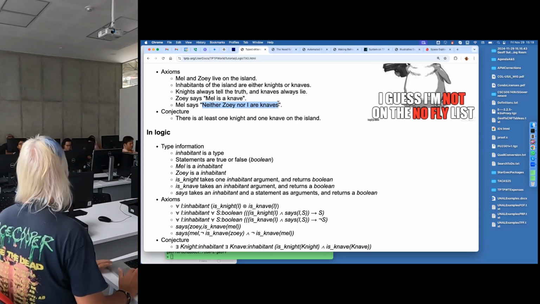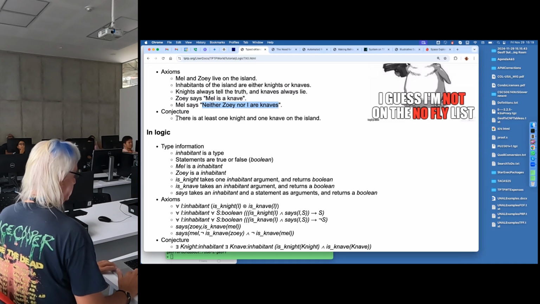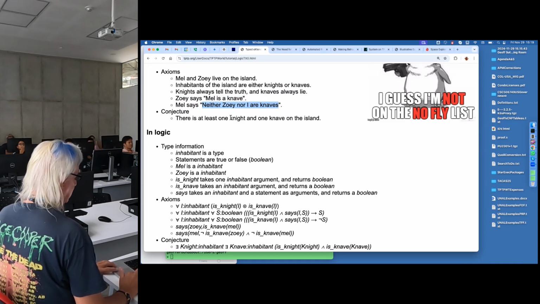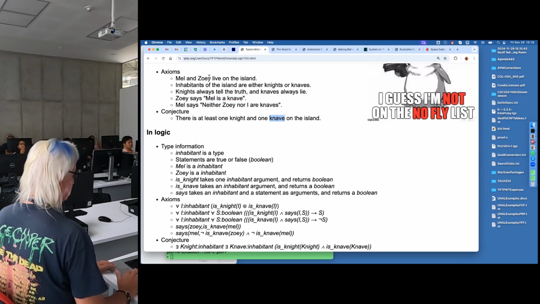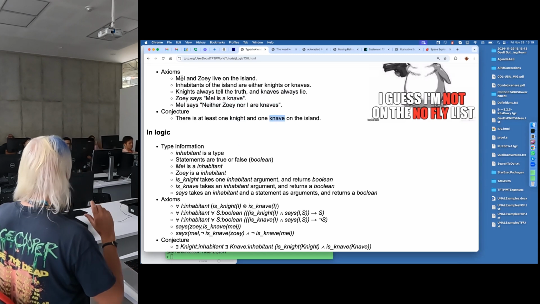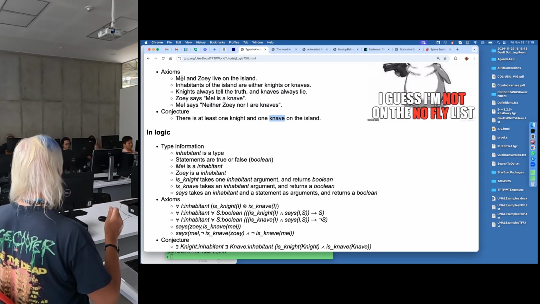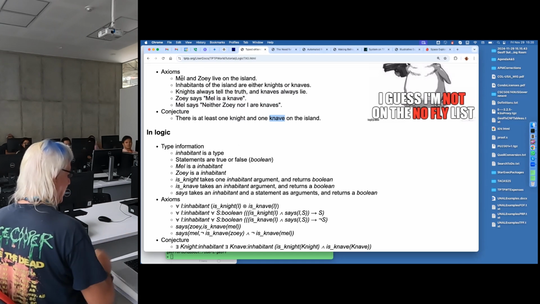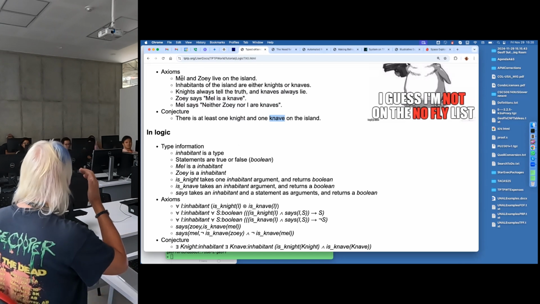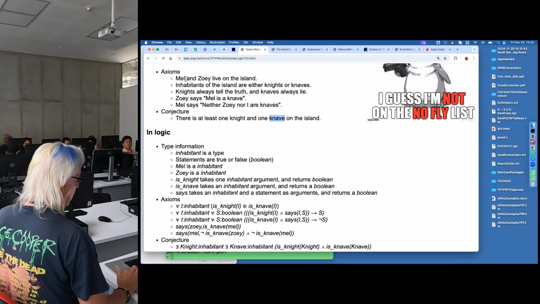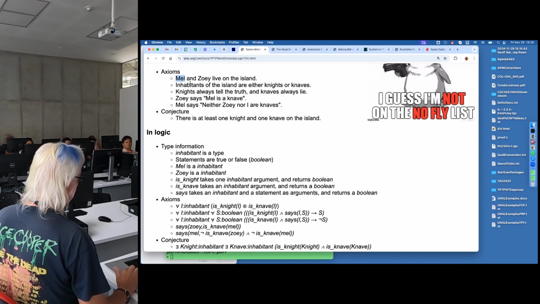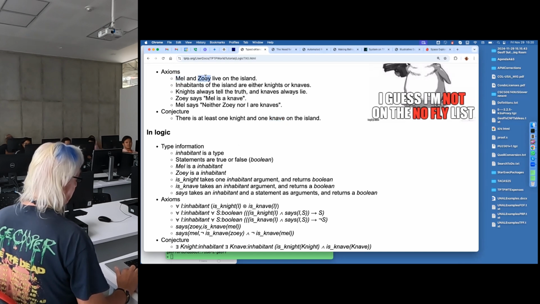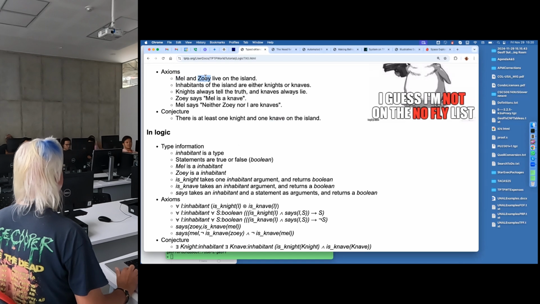Somebody is lying. The question you want to check is that there is at least one good person and one bad person on the island. So Mel or Zoe, one is good, one is bad. We have to prove that. Can you prove that? And which one? Is Mel a good person or a bad person? Is Zoe a good person or a bad person?